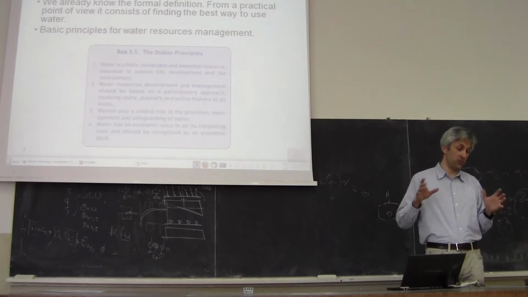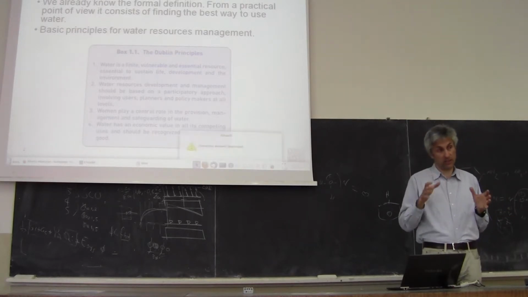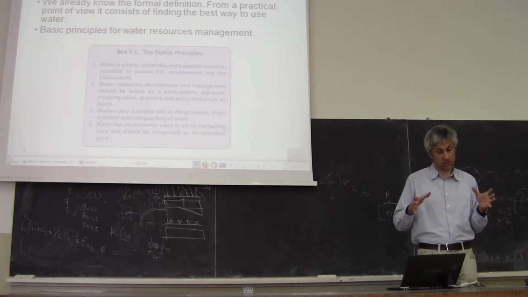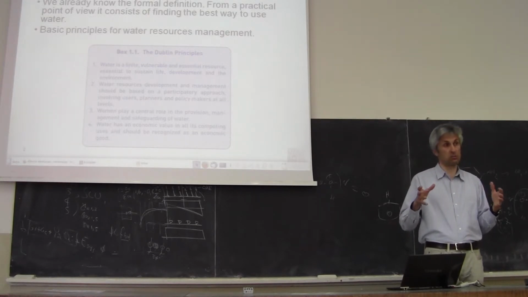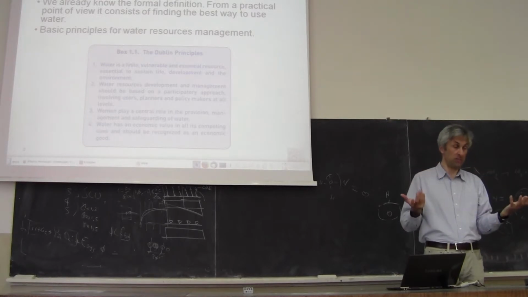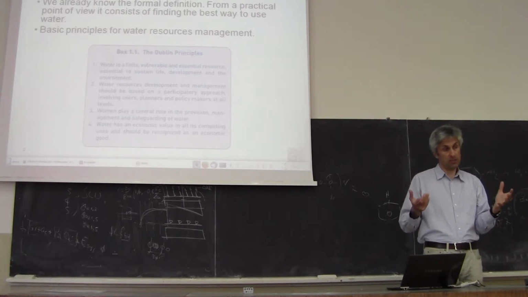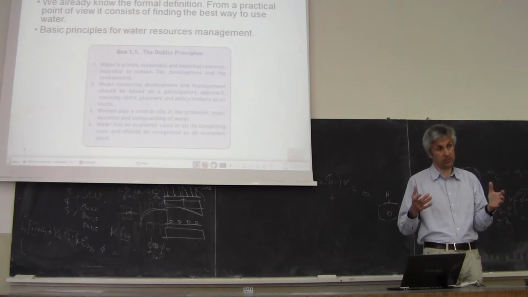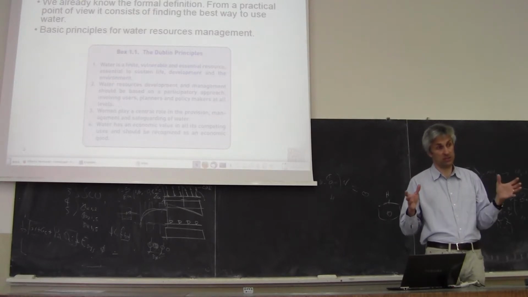Because, of course, if you assume that the decision maker is a wise decision maker, which is motivated to push the good for the people, then probably he takes a more efficient decision if he just decides himself.